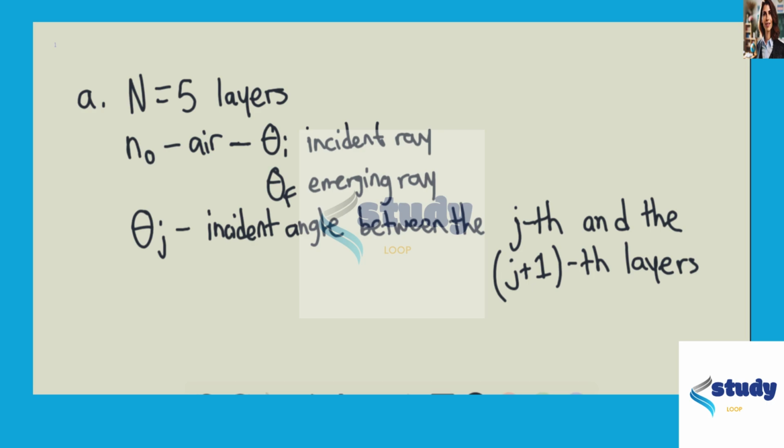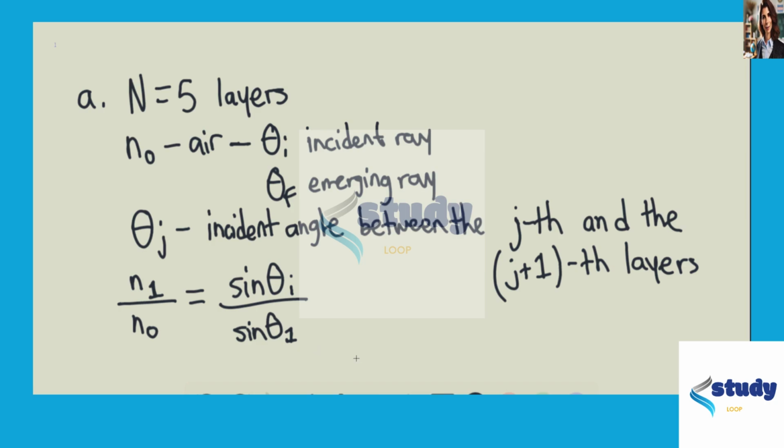So for the first boundary, we have n sub 1 divided by n naught, the refractive index of air, equal to sine of theta sub i divided by sine of theta sub 1.